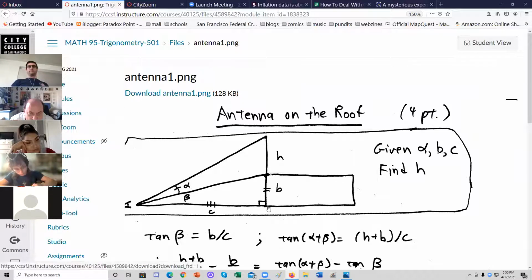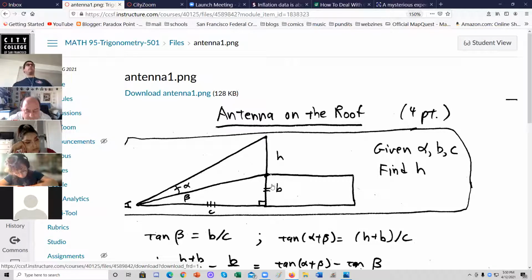So this is how tall the building is, how far you are from it. There's this angle beta, whose tangent is B over C. And then there's the angle alpha, which the antenna subtends. So you know how high the building is. You know how far away you are from the base of the building. You know how big an angle the antenna subtends. How long is the antenna?